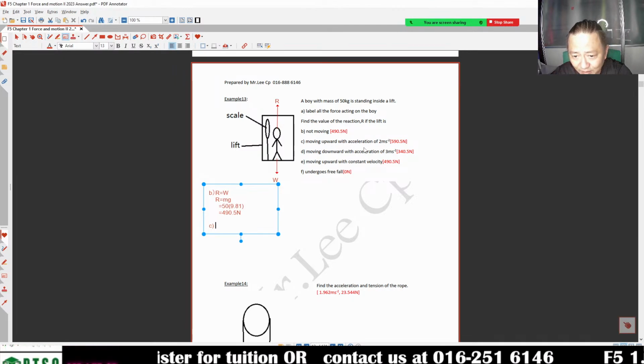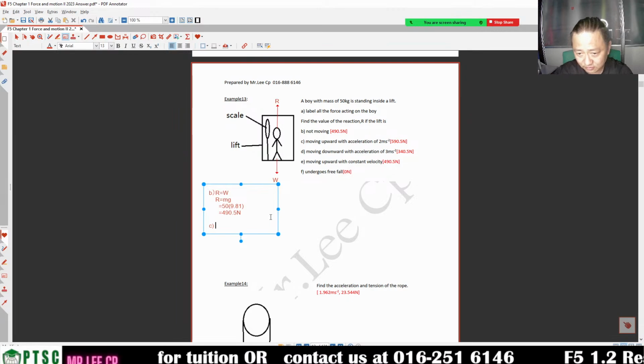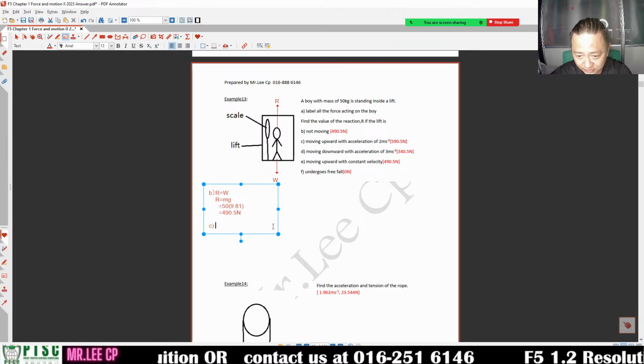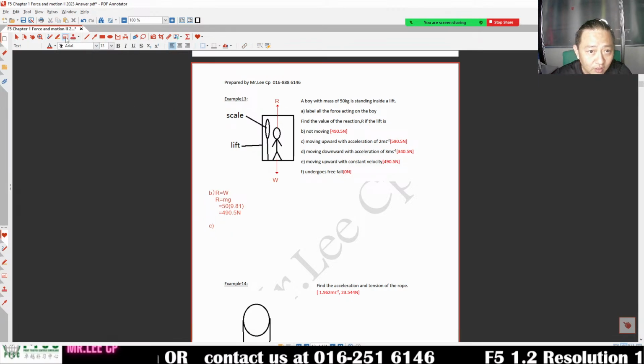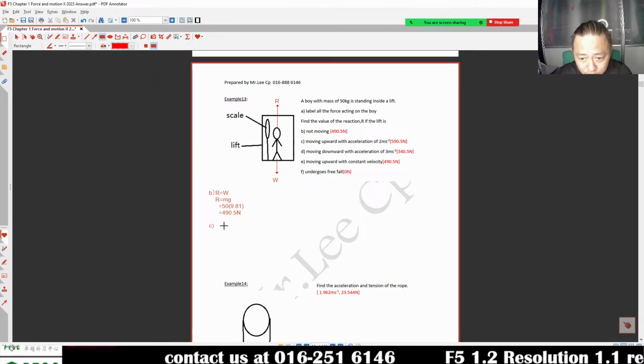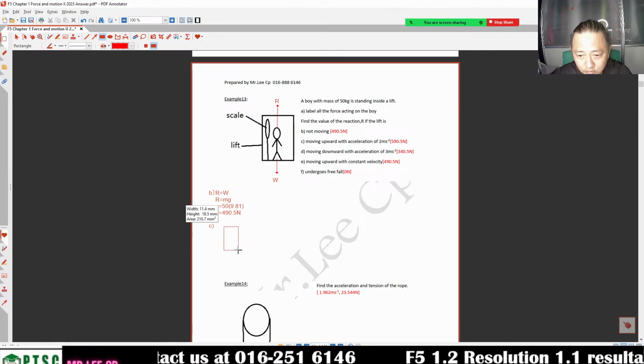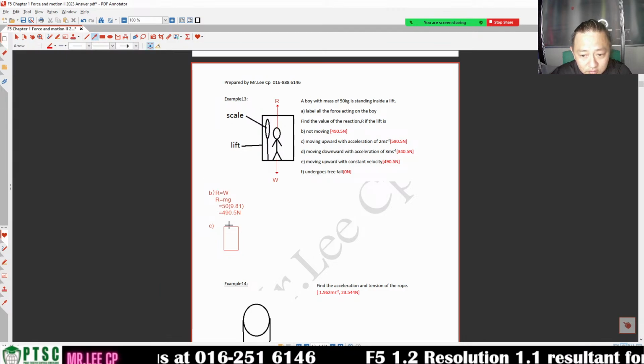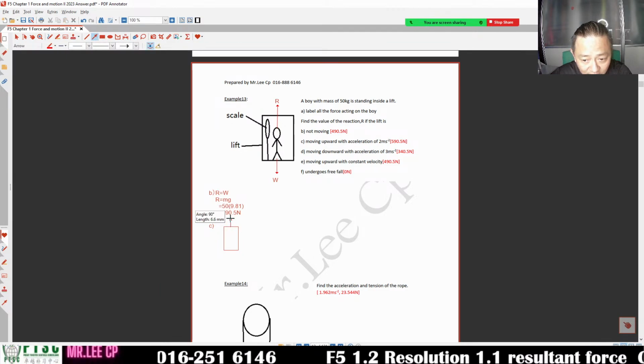Now it is moving upward with the acceleration. When it moves up with the acceleration, I'll try to draw it for you. Draw it out, it is easier for you to understand.